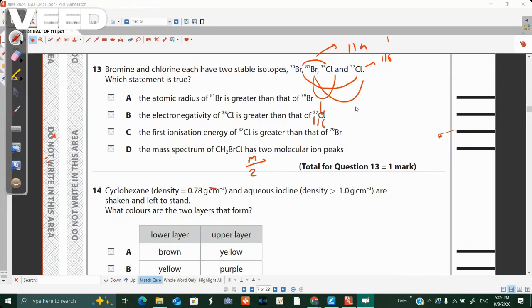Between 81 and 37, you are getting 118, right?